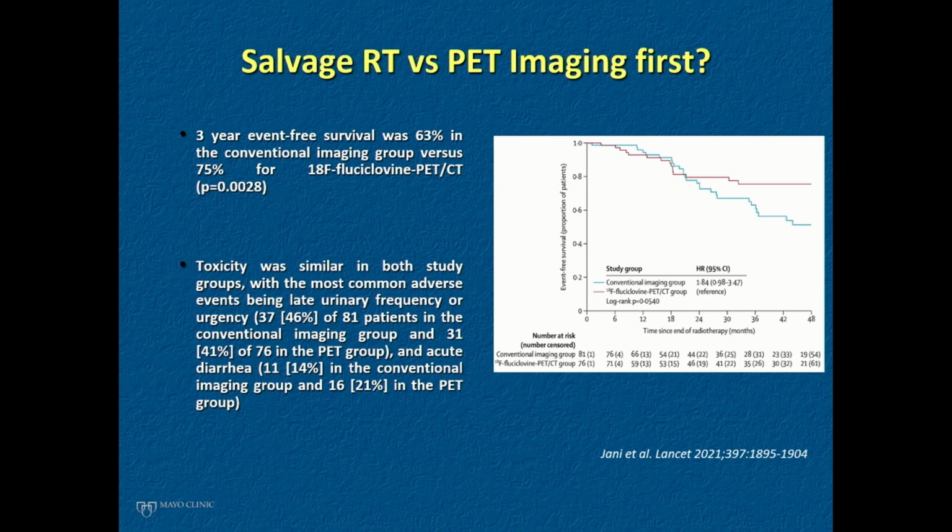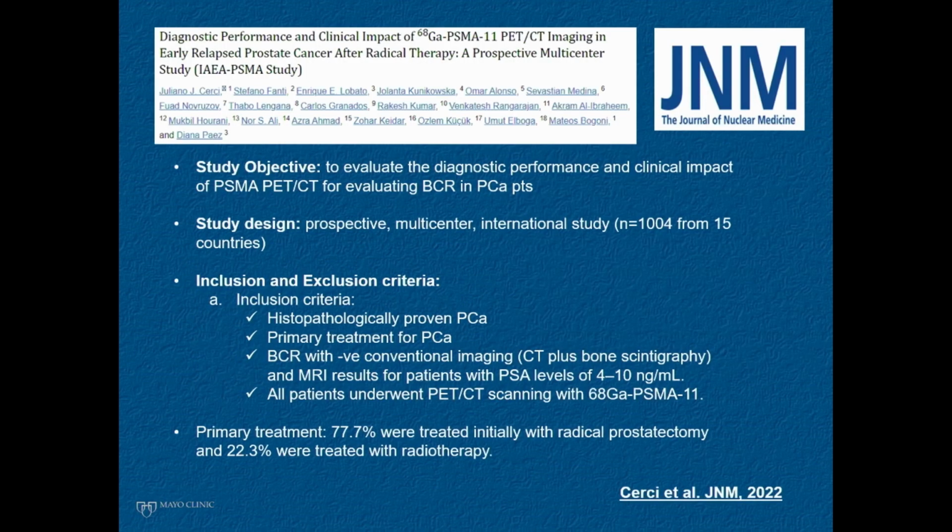This is actually a fluciclovine study out of Emory that looked at the value of doing a PET scan prior to radiation. Okay, so this was actually a diagnostic performance, and again, early biochemical recurrence. Mainly these are patients that were treated with radical prostatectomy, so very relevant to this particular presentation.